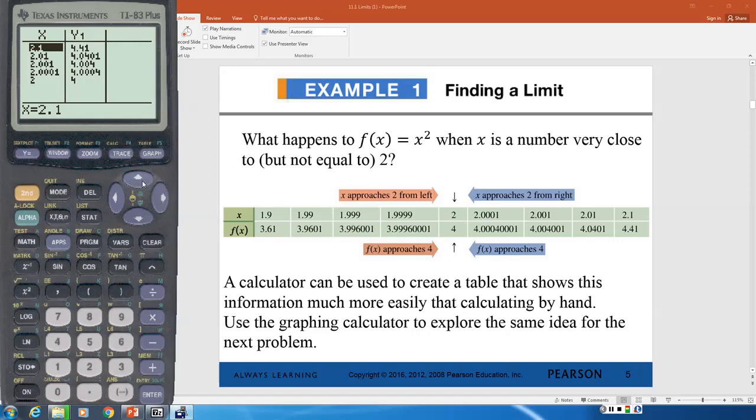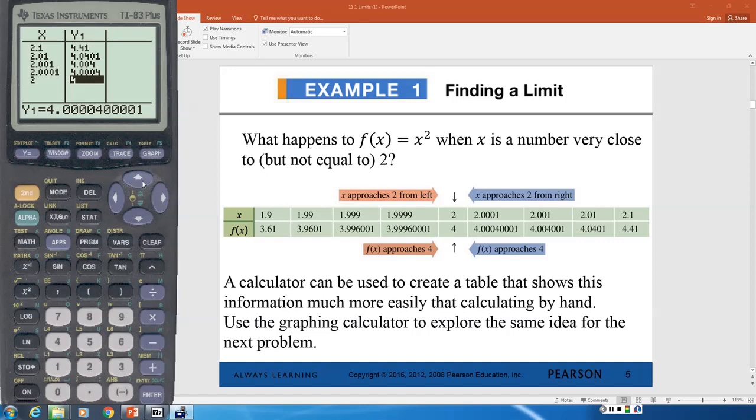And if I watch what happened to the y as I got closer and closer, when I started out at 2.1, I wasn't all that close. So the answer isn't all that close to what I think it ought to be. But as I get closer and closer and closer, the result gets closer and closer to the value of what 2 squared would be, which would be 4. That's the idea of a limit.